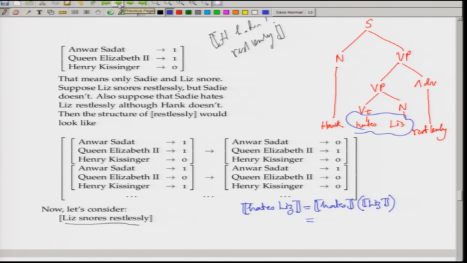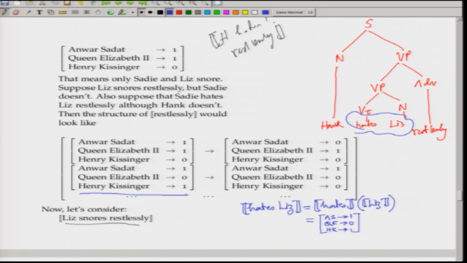So, hates Liz will be 1, then 0, and then HK 1, right. Now, we can see that this looks like 1 0 1.